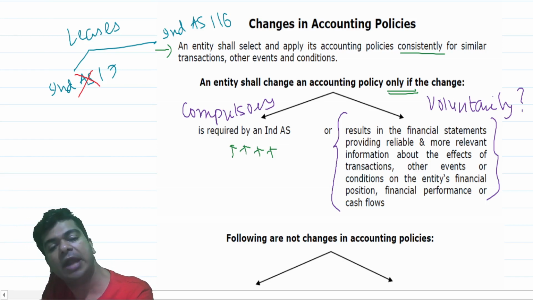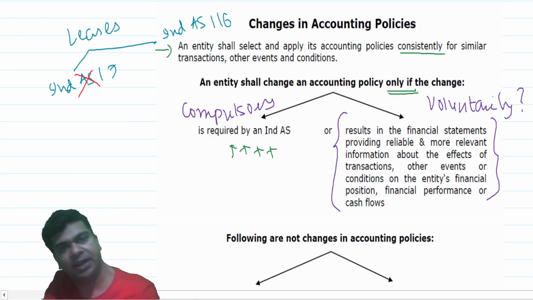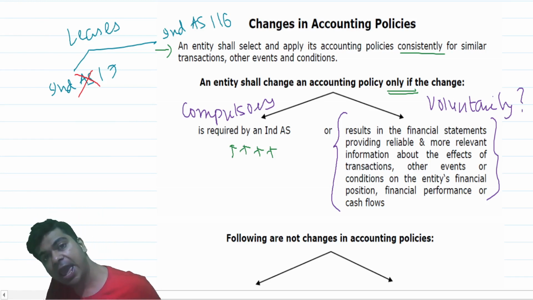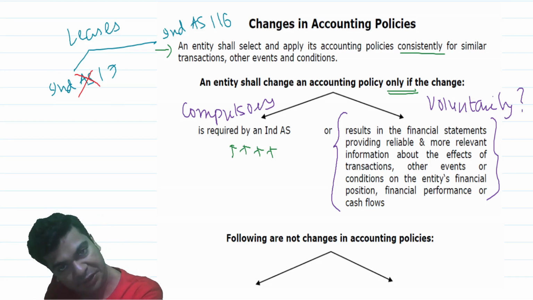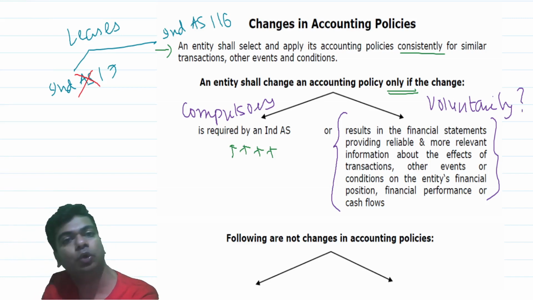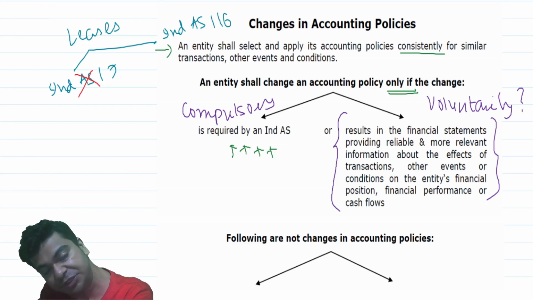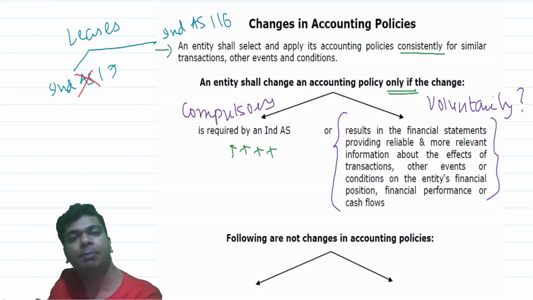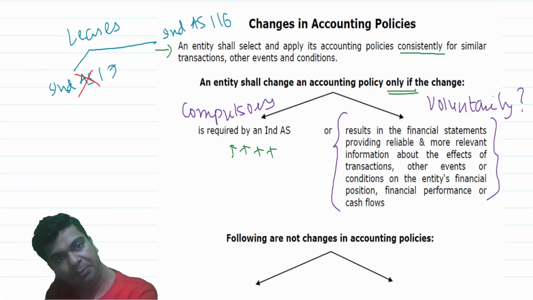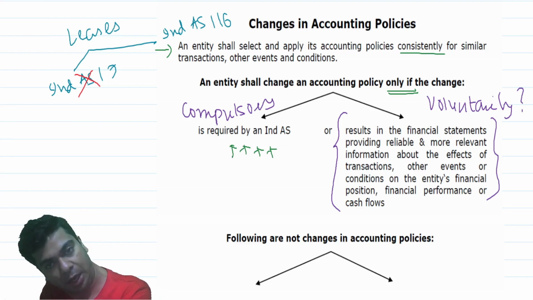This is not required by an Ind AS. Okay, Ind AS has given me a choice, and I had elected to go for the FIFO approach. But I want to change this voluntarily because all of the peers in the industry are following a different accounting policy compared to mine. Can I do it so? Of course you can do it.